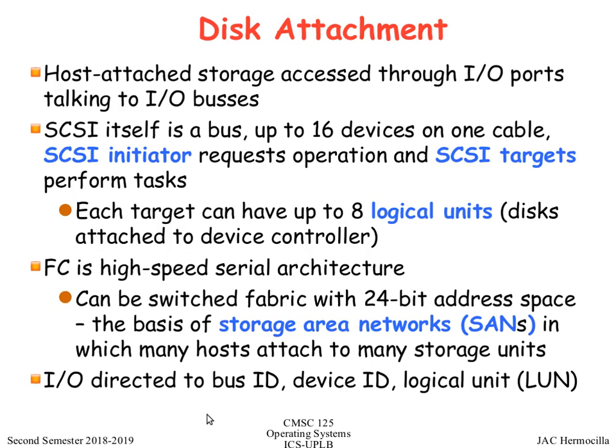Usually, when you perform I/O, you specify a bus ID, device ID, and a logical unit. So if you want to access, let's say, a block on the disk, you use this. Now, in the example you did in the bootloader exercise, you didn't directly access the I/O ports of the disk. You went through the BIOS, right?